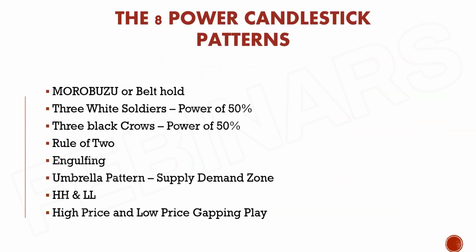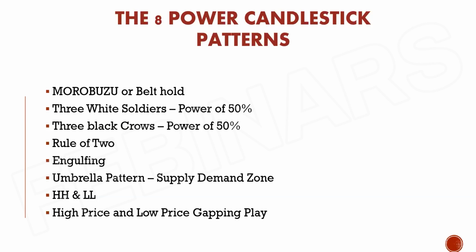There are 8 powerful candlestick patterns: Marubozu or belt hold, where you will get big results and where the buyers are huge. Then there are 3 white soldiers, 3 black crows, and how to use these patterns.